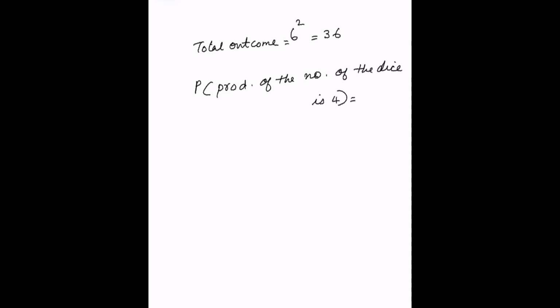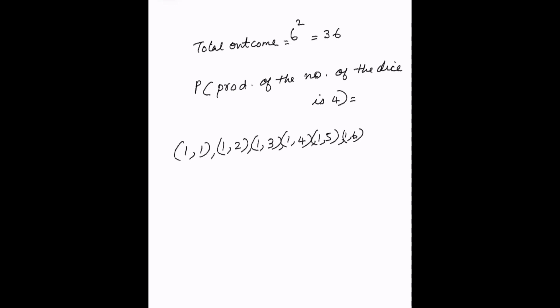Think of the first row. I hope you all remember the sample space. In the first row, first dice showing the number 1, and second dice showing the number 1. Then first dice again showing number 1, second dice showing number 2. Like that it continues. This is our first row. Similarly, you have to do for the subsequent rows also.